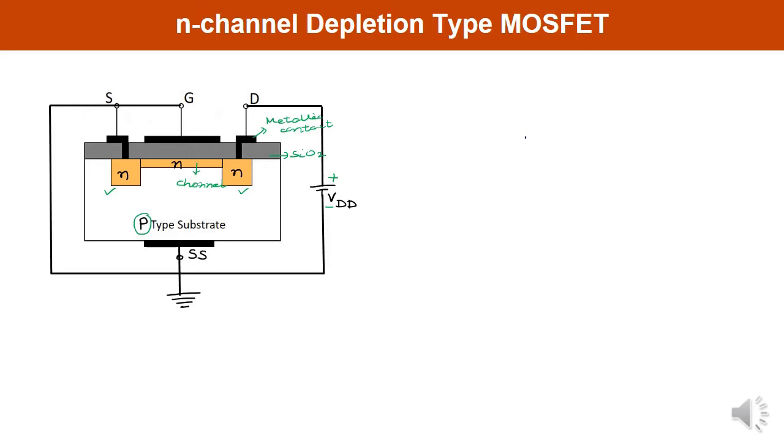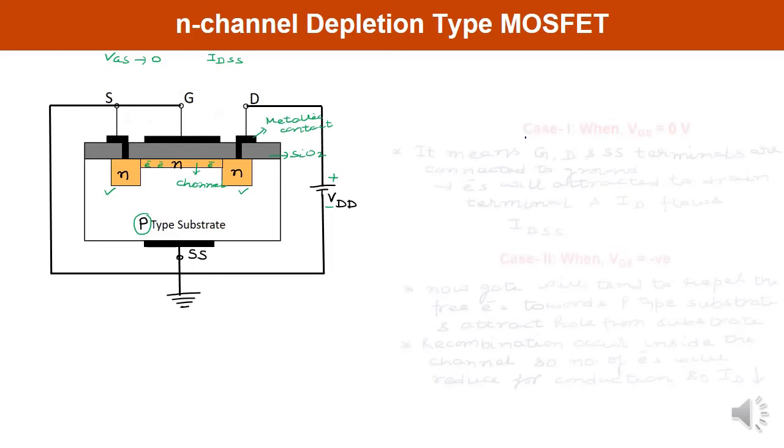As you know, the MOSFET is a voltage controlled device. In the first case, when VGS is 0, the free electrons available in the channel will be attracted towards the drain because of the positive potential applied at the drain terminal. It means even if VGS is 0, current will flow, and the current which flows in this condition is denoted by IDSS. This is the first case.